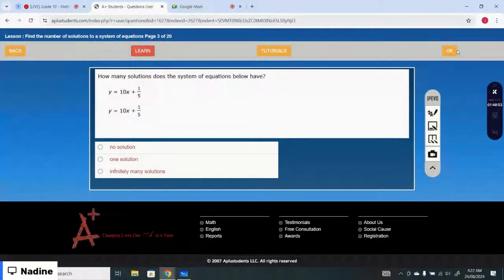That is infinitely many solutions, right? Both the equations are exactly the same, so the system has infinitely many solutions.